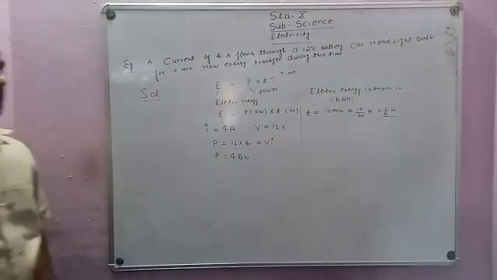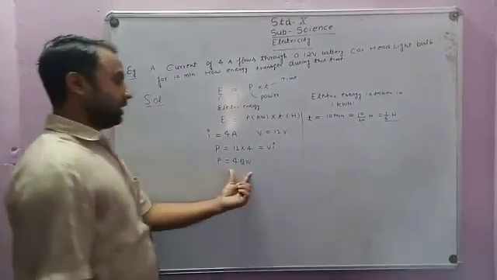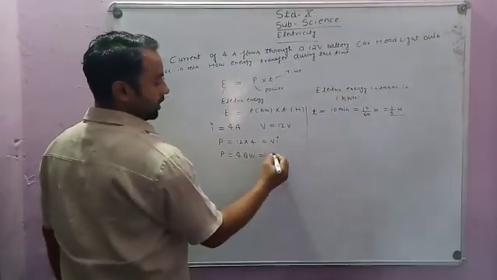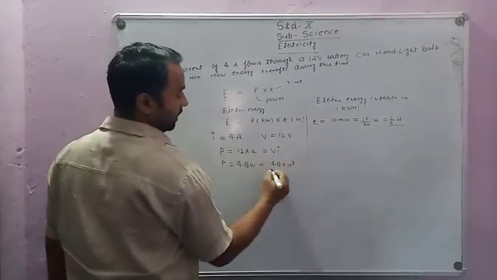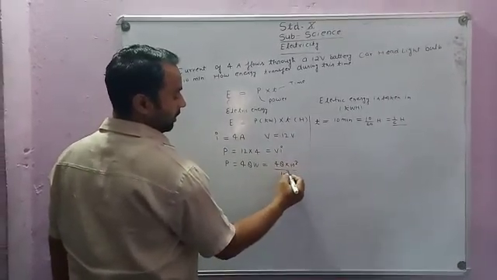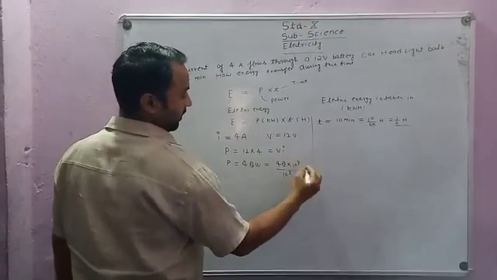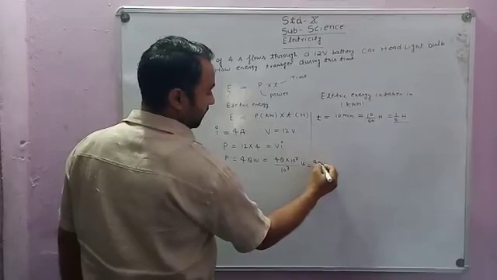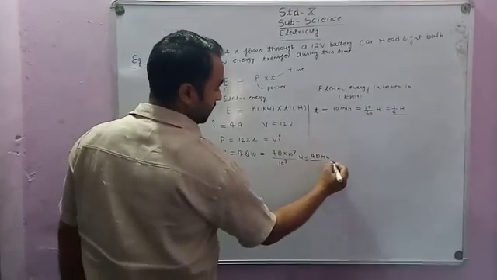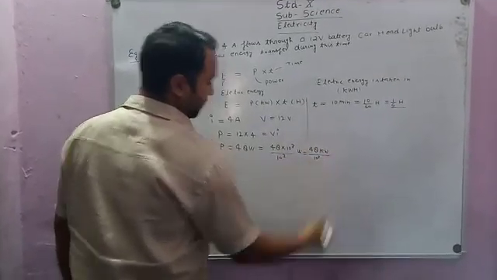Power is converted into kilowatt: 48 into 10 to the power 3 is divided, so this is written as 48 kilowatt upon 10 to the power 3.